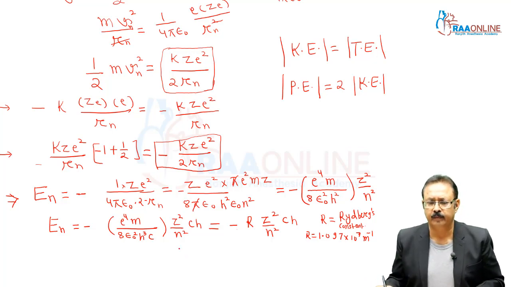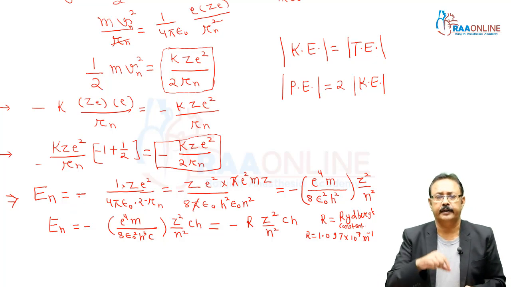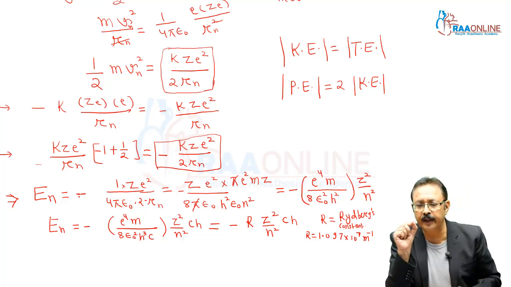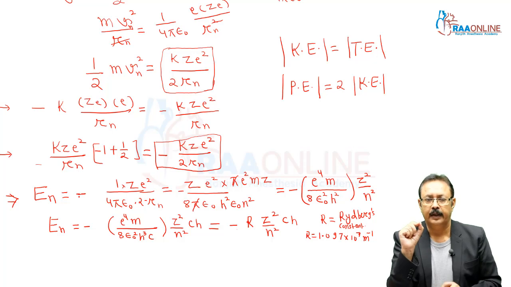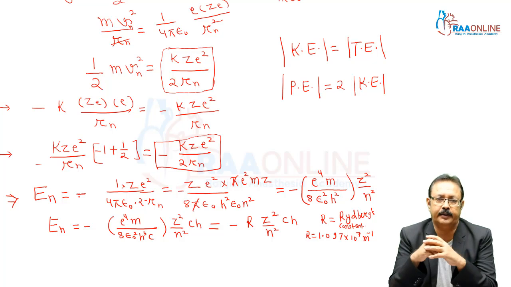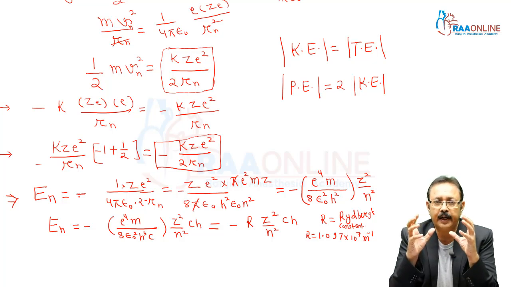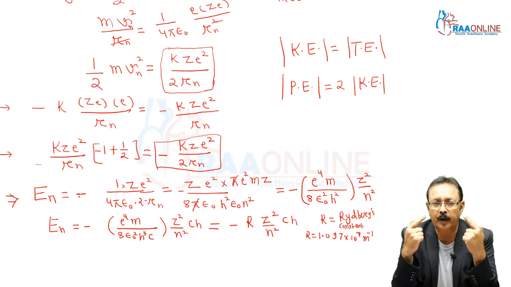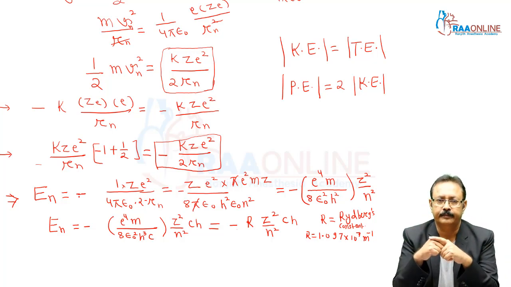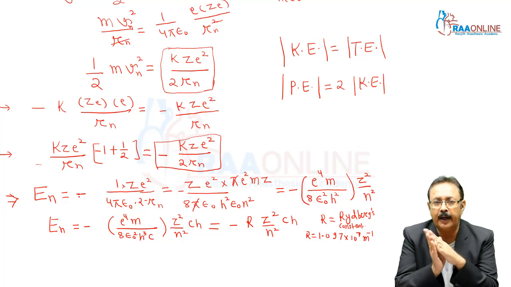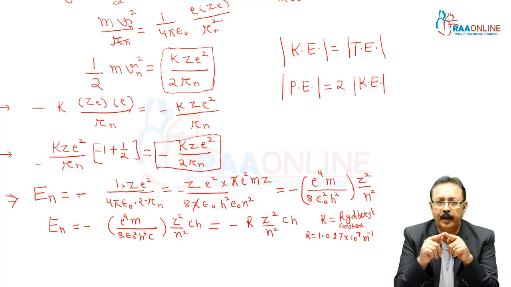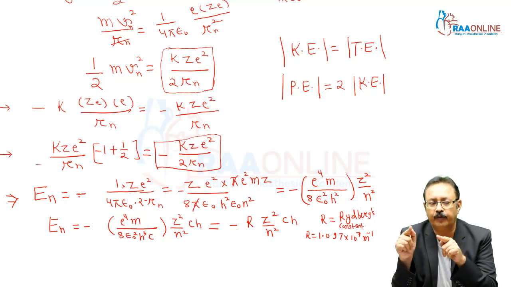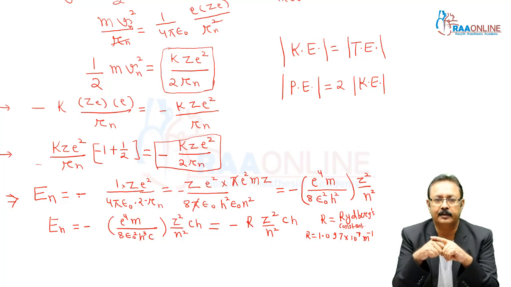Now, we discussed previously that when an electron is moving in an orbit, it is not emitting or radiating any type of energy. But if it gets energy from some external source, it will jump into a higher energy level. But very soon it will come back by emitting that energy in the form of photons, light.